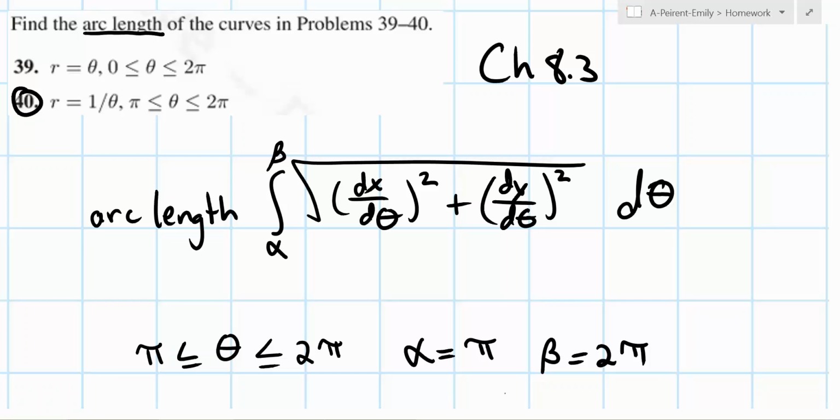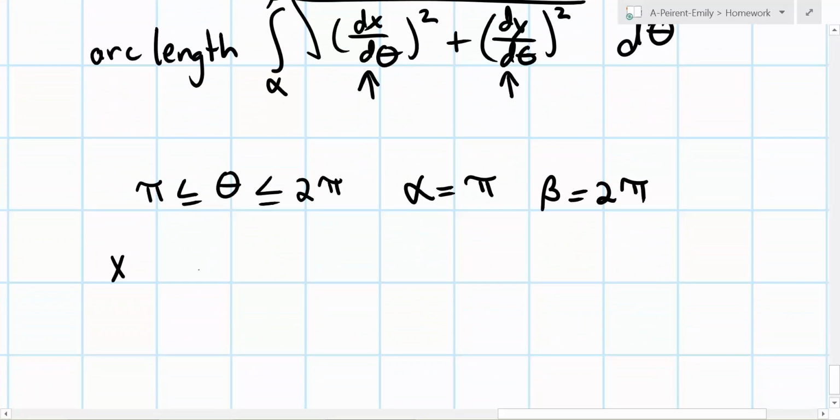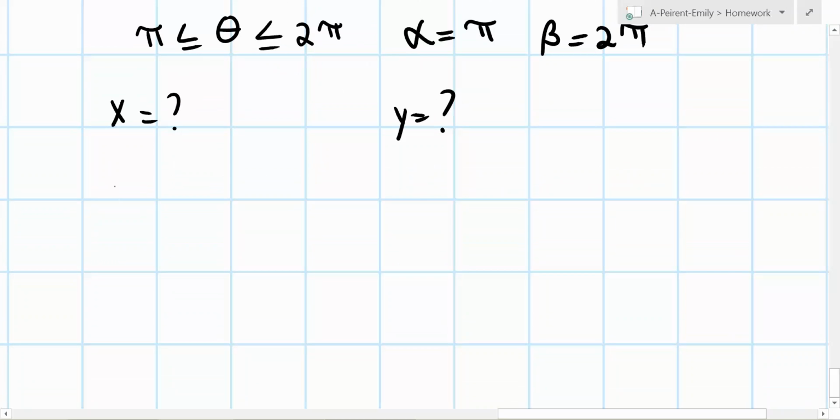However, to find dx d theta and dy d theta, we need to be able to find what x equals, and we need to find what y equals. So we know that in polar land, x equals r cosine theta and y equals r sine theta.